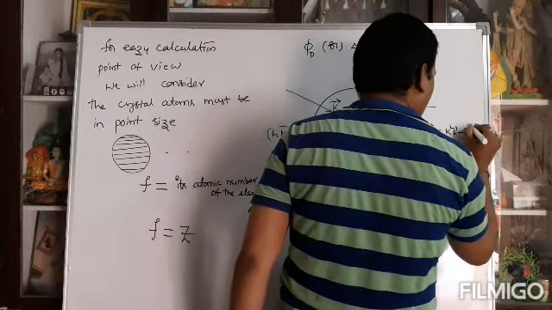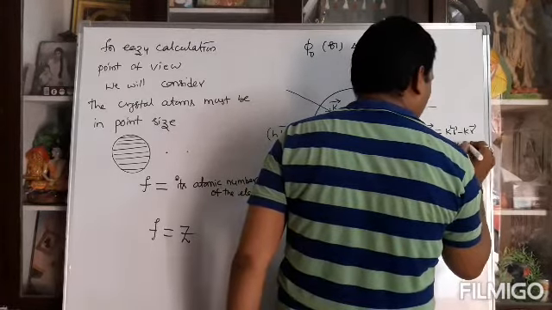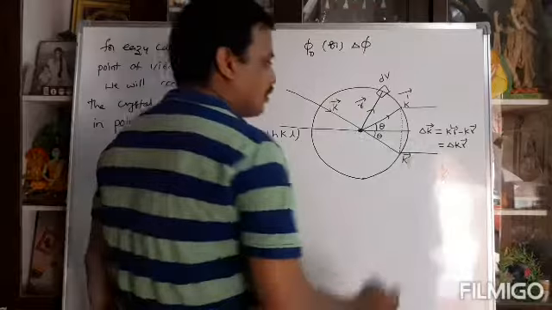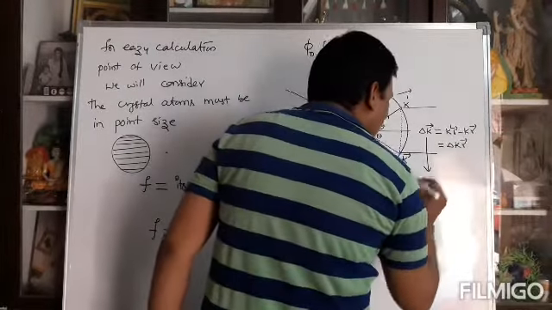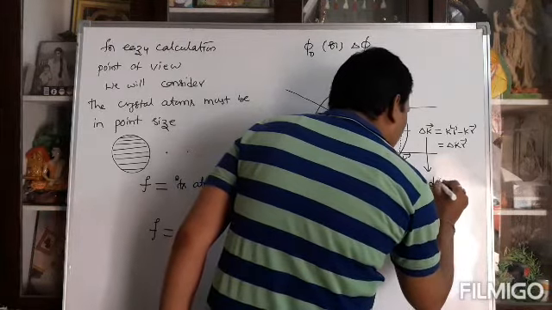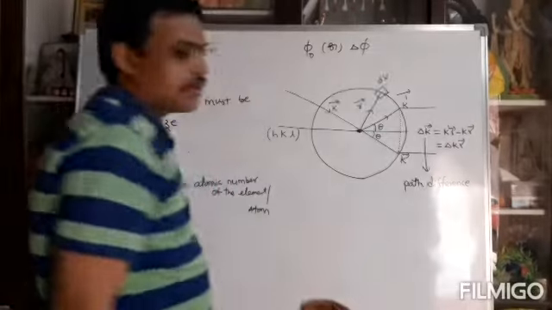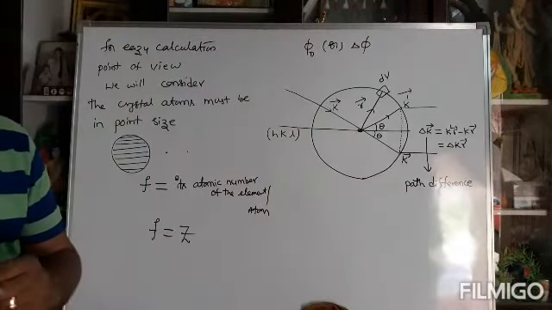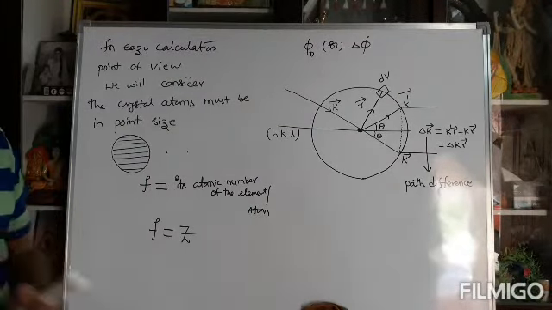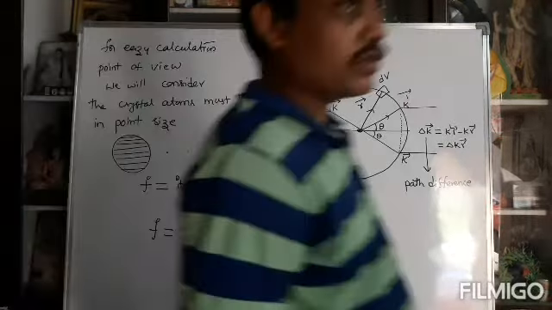This delta K is called the path difference, the difference between K dash and K. First, what do we want to calculate?